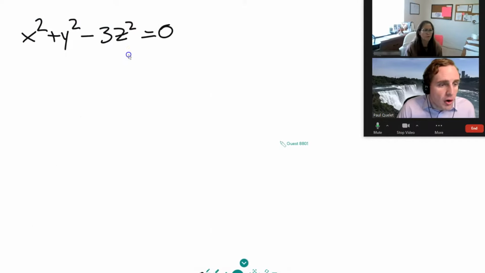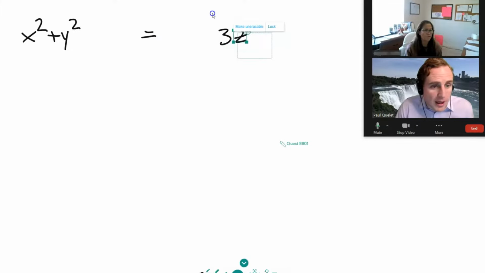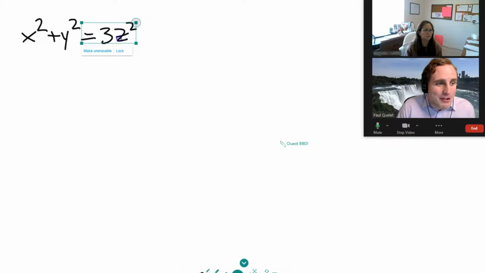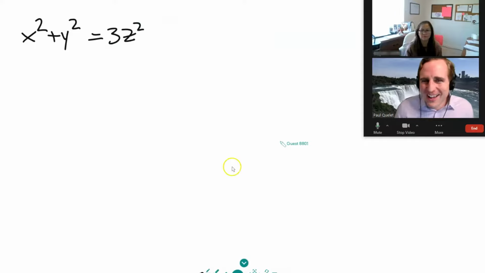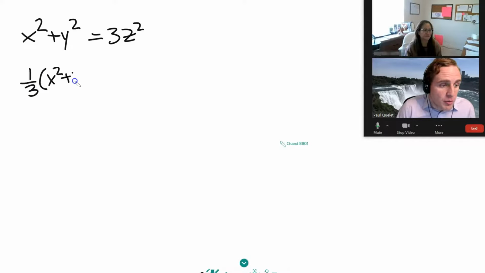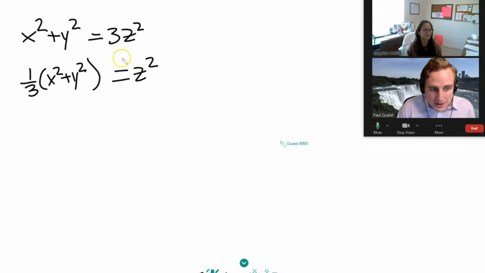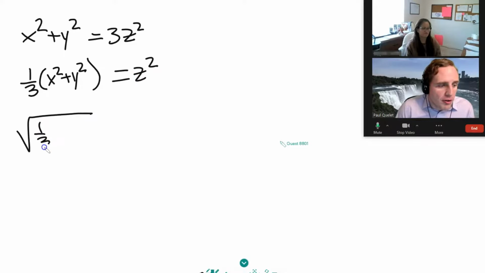So when we move this over, it just becomes a plus, like that. I like having an electronic whiteboard. You can just do that quick. And then we got to divide by 3, take a square root. So this is 1/3 x squared plus y squared equals z squared, and then take the square root. We've got square root of 1/3 x squared plus y squared equals z.